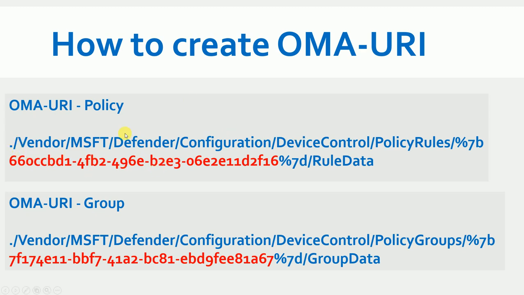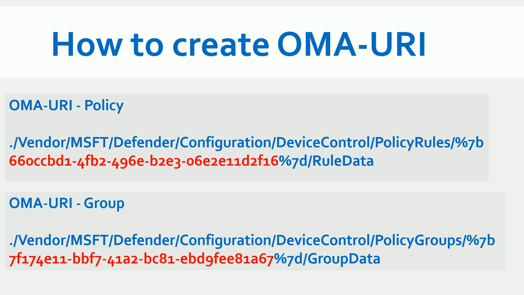So the rest of the things should be the same. Once you generate this group ID or the policy ID, then you can replace it here, then your OMA-URI will be ready. And in a similar way for the group. So this is for policy and this is for the group.